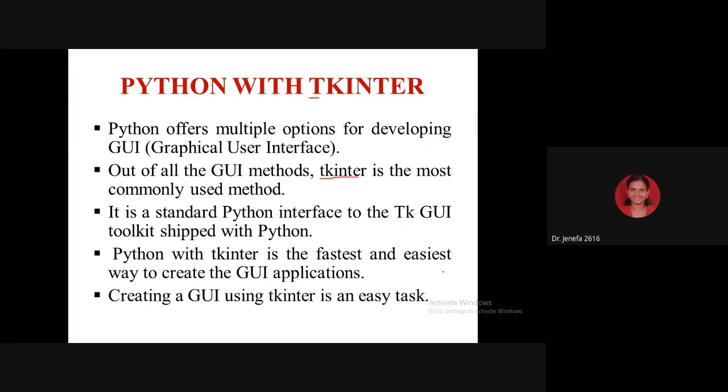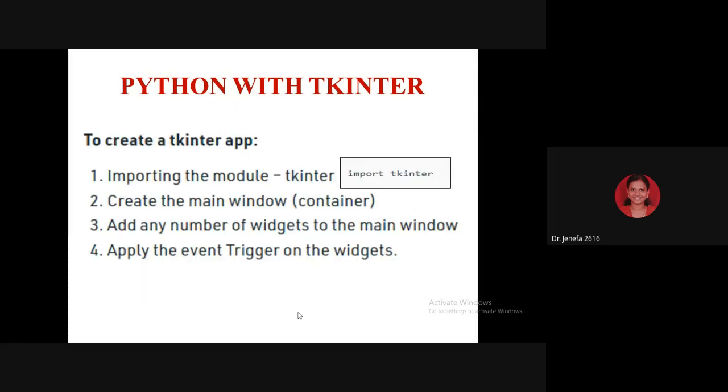Tkinter is the most commonly used of all the Python GUI methods, and we use it because it is actually the fastest and easiest way to create GUI applications. We are able to make GUI applications very quickly and in an easier way. So let's see how we can use tkinter in our Python.